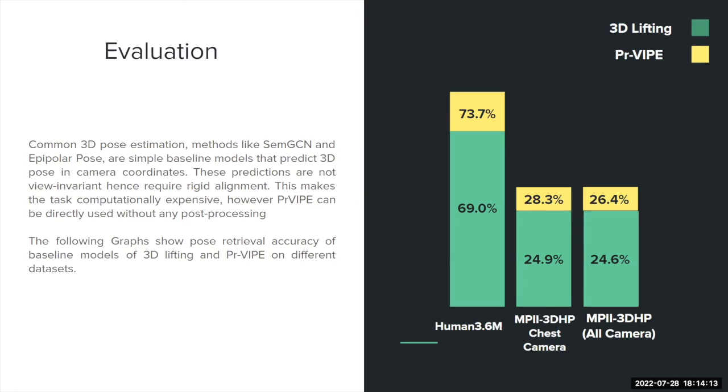Thus, rigid alignment between every query-index pair is required for retrieval using estimated 3D poses, which is computationally expensive due to the need for singular value decomposition. In contrast, PRY embedding can be directly used for distance computation in Euclidean space without any processing.